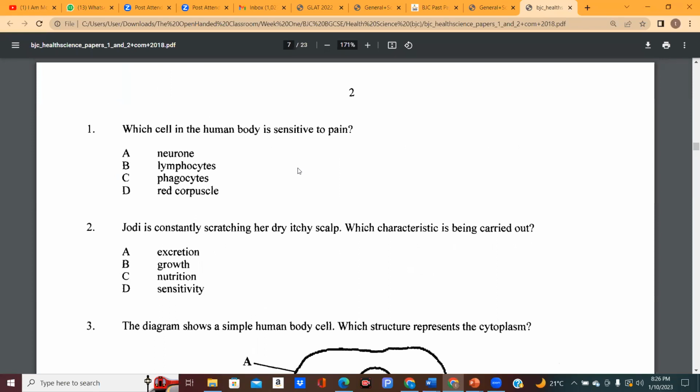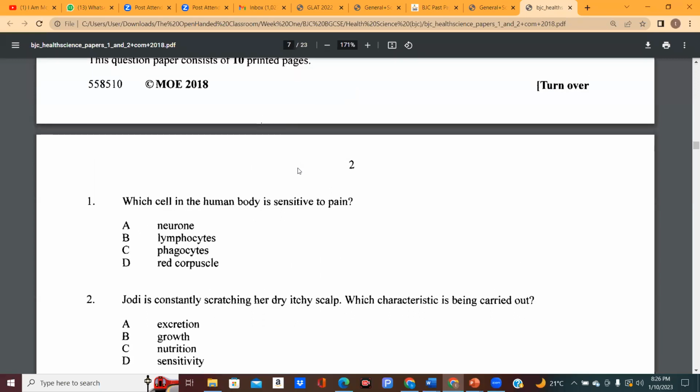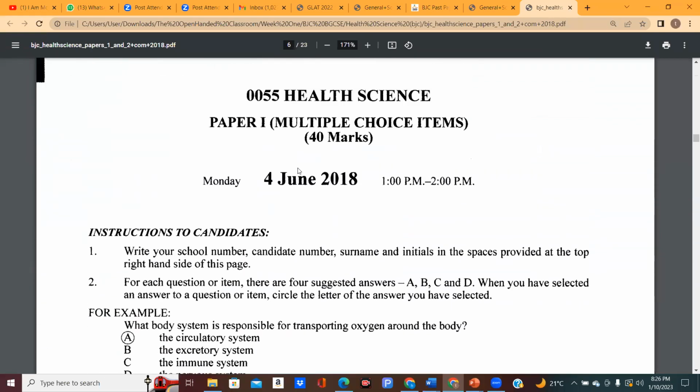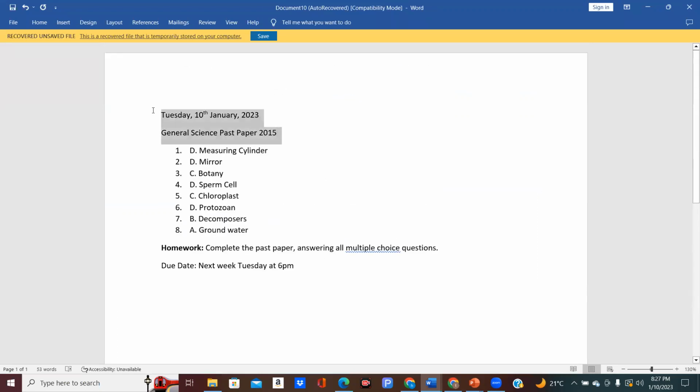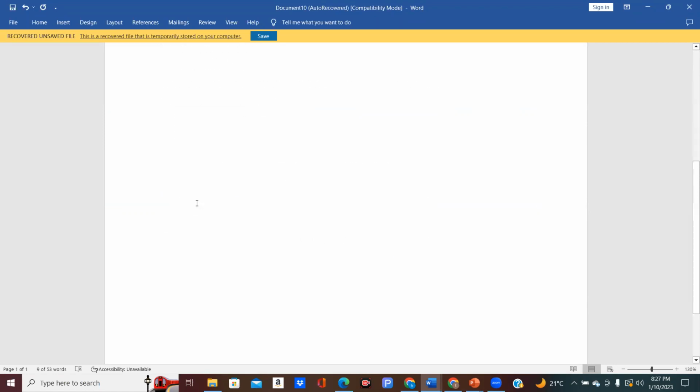So this is 2018. So let's head up properly. Heading up, we have Tuesday, the 10th of January. Health science, past paper 2018.